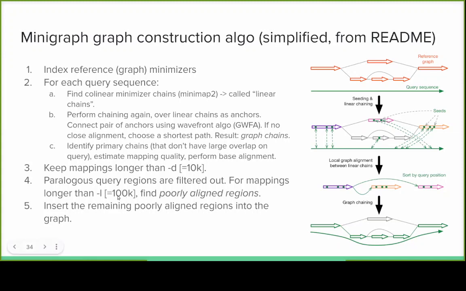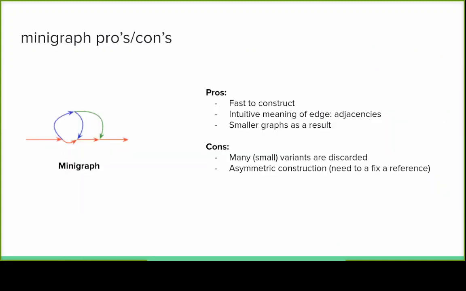And one more I didn't mention is that it doesn't even care about variations shorter than 100 base pairs. So any SNP, by definition, minigraph will not output. We can verify this later. That's potentially a disadvantage if you're interested in SNPs, of course, and the construction is asymmetric. You need a first reference, and then align things to that reference. It will not give you the same result if you permute the input.